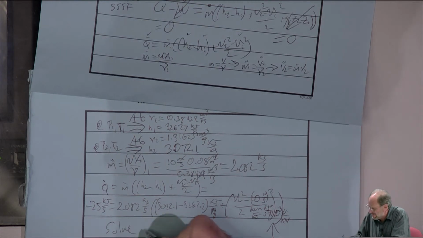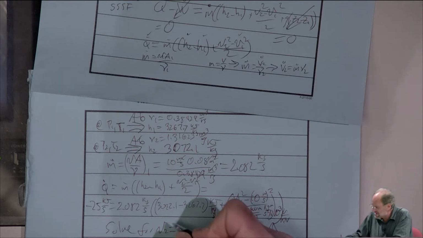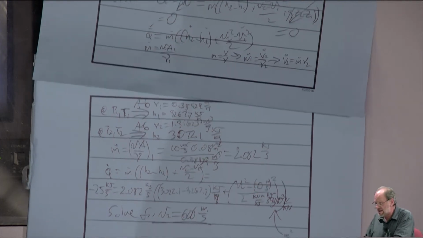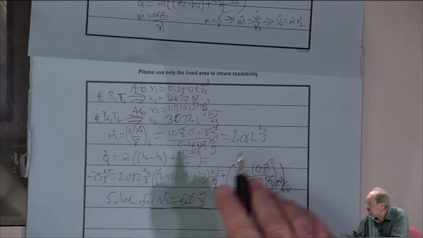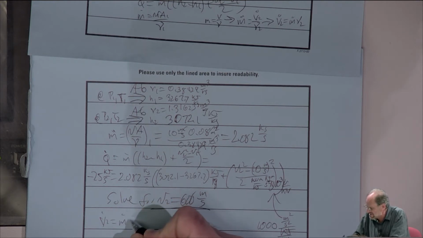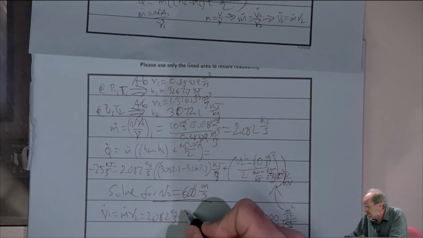Anyway, solve for the exit velocity, and we get 606 meters per second. And then the very last step would be for us to find the volumetric flow rate. So we found earlier that this is just mass flow rate times the specific volume. So plug in the numbers, 2.082 kilograms per second.